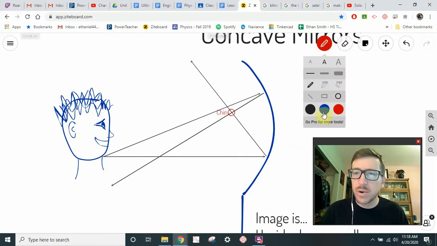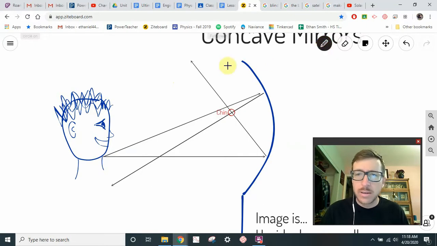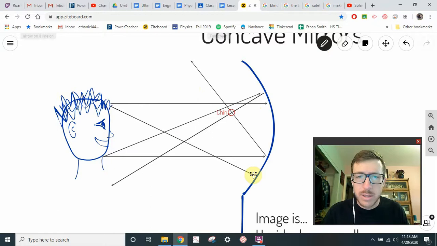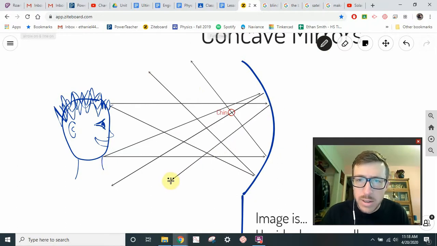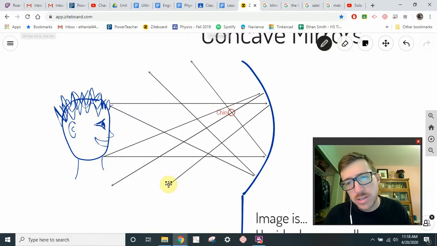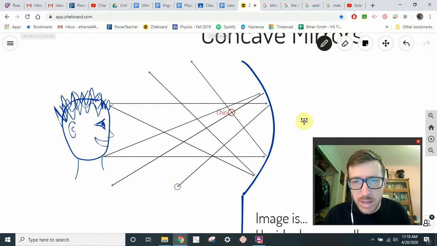Now if we do the same thing for the hairline, right? So I'll have some hairline, some coming in at this angle, some coming in maybe, let's say, down here. So the ones down here might bounce off at an equal angle, so maybe something like that. And this one coming in here might bounce off something like that, trying to do as best as possible to get that angle in equal to the angle out.